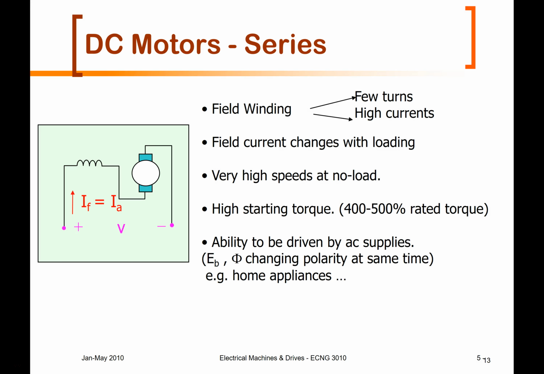For the series machine, remember, for the field windings we have a few turns with high current. The field current changes with the loading, because loading means different torque, which means different current, since T is equal to Ka phi multiplied by I. So as the torque increases, the current also increases.